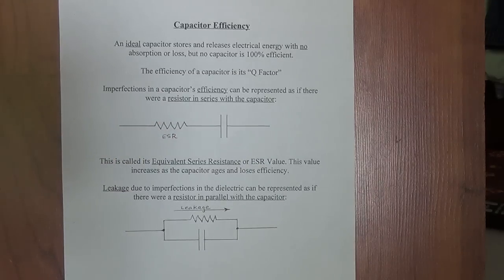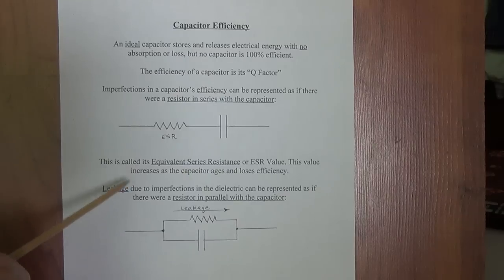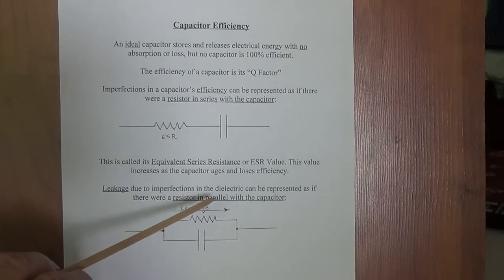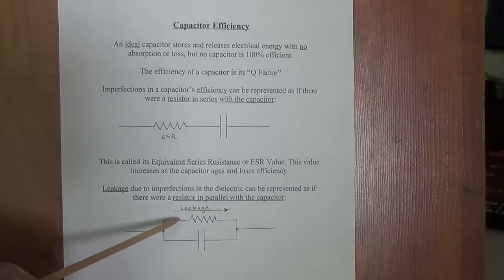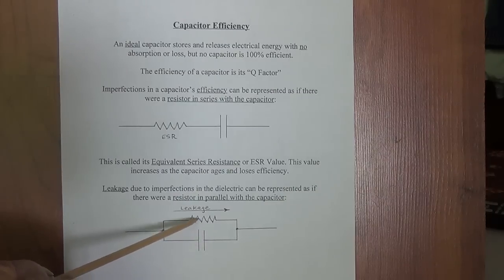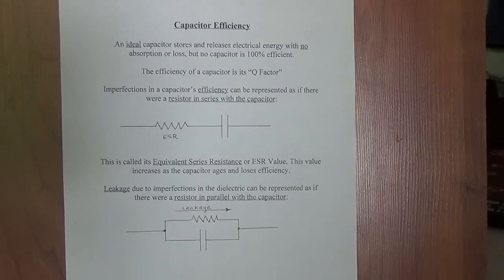And when it reaches a certain threshold point, we realize that the capacitor itself is no longer usable in our circuit. Another way to measure the efficiency of capacitors is the leakage, which is due to imperfections in the dielectric. And in this case, can be diagrammatically represented as a resistor in parallel with the capacitor.